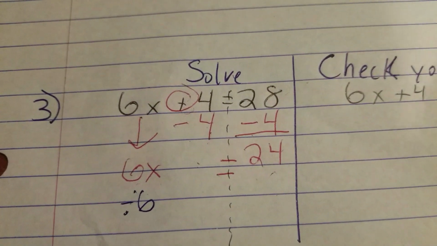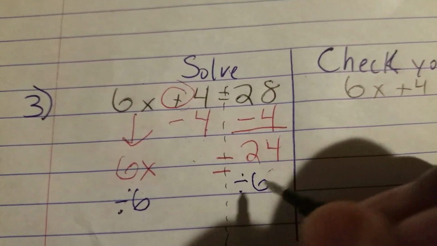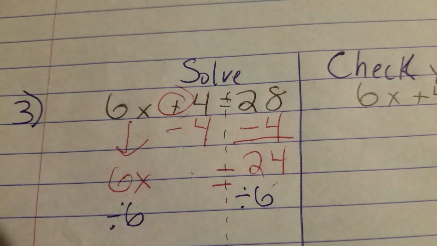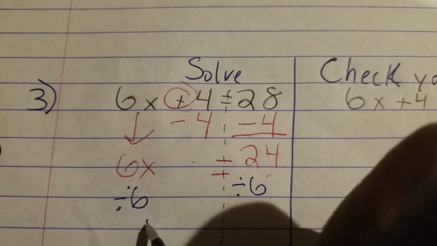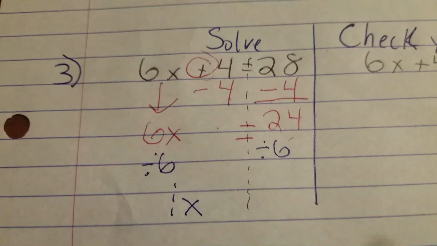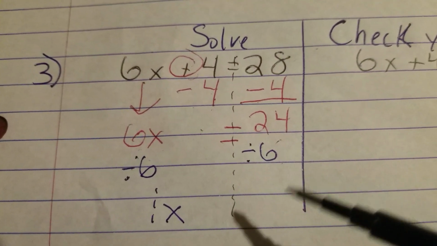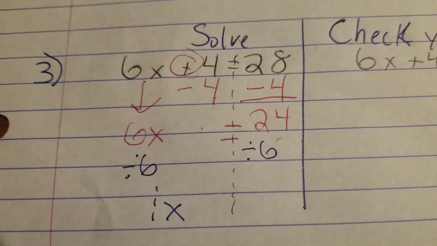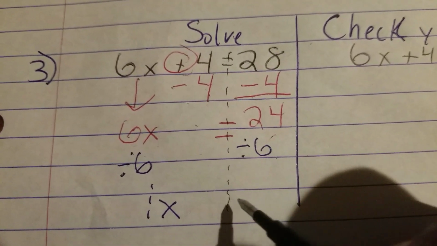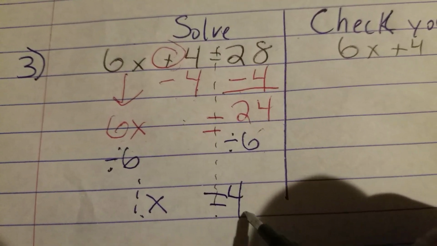Not only over here, but we got to keep it equal and divide by 6 over here. 6 divided by 6 becomes invisible 1, x. 24 divided by 6. Ooh, man. I have a calculator for this. My calculator tells me that 24 divided by 6 is 4. So I think x equals 4.